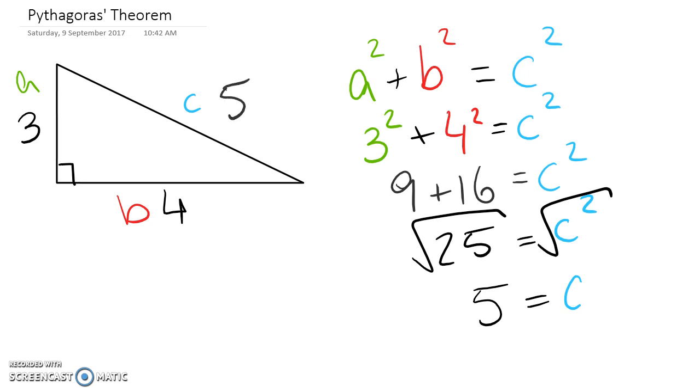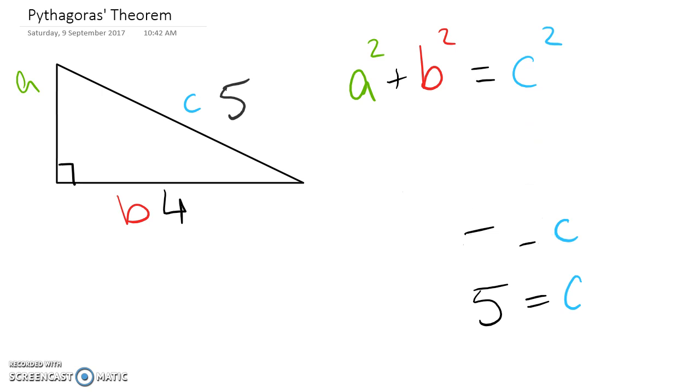And we can rearrange Pythagoras' theorem in a variety of different ways if we wanted to find, for example, what A was. So let's have a look at how we would do that. Let's say we don't know A. We still have that A squared plus B squared equals C squared. So let's plug in the numbers that we do know.